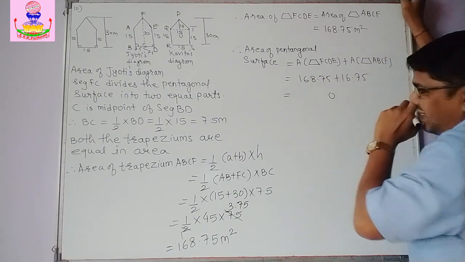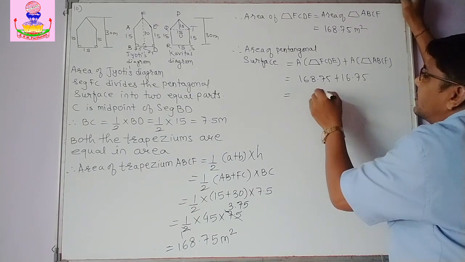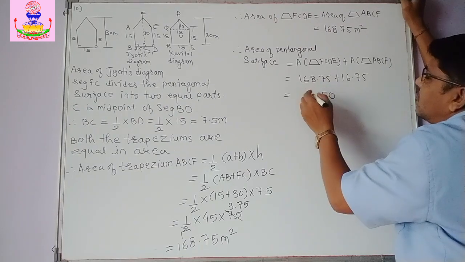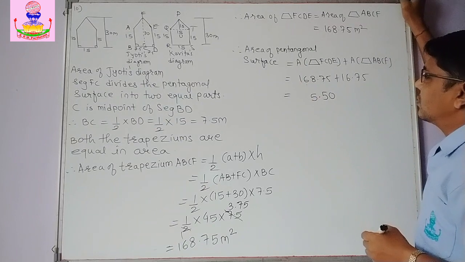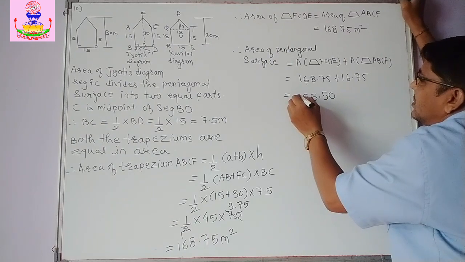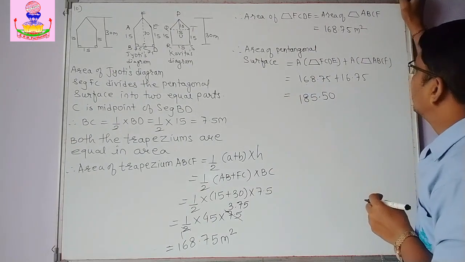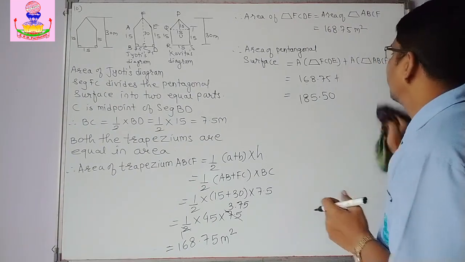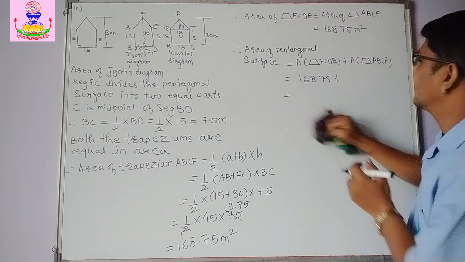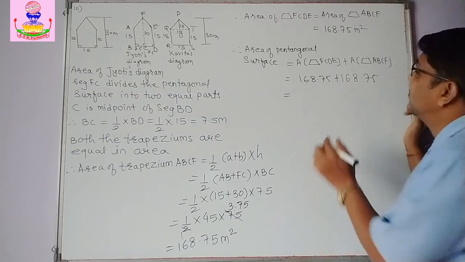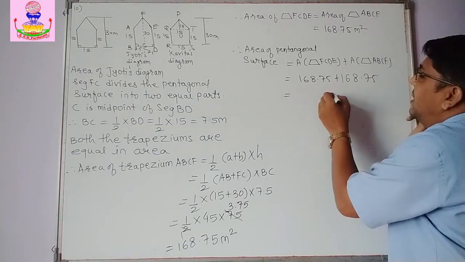So 168.75 plus 168.75. 5 plus 5, 10, 1 carry on. 7 plus 7, 14, plus 1, 15, 1 carry on. Sorry, here it is 168.75 it has to be.